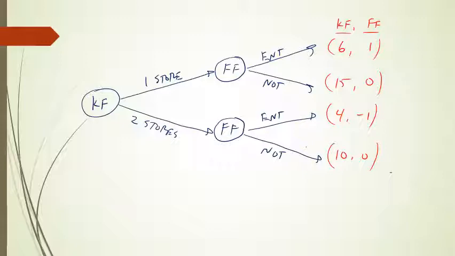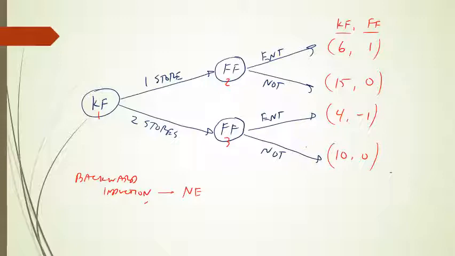Now we solve these games using backward induction. Backward induction means that we're going to start at the end and work back to the beginning. So we use backward induction to find the Nash equilibrium. So we begin at the end and we say, if I label these nodes 1, 2, 3, if Fresh Foods is at node 2, what would they decide to do?